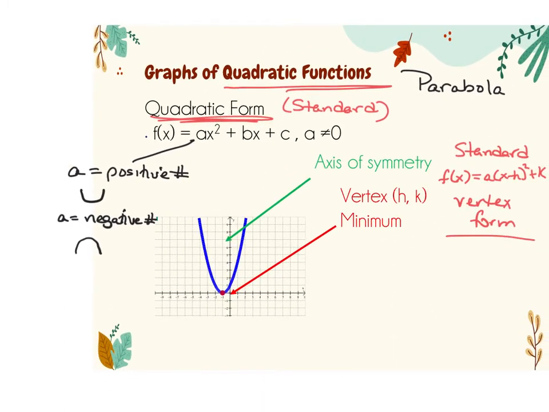Also, the different parts of your graph, the point where your graph changes direction. So in this graph that's here, this blue U, notice this side of the graph is decreasing, but this side is increasing. So the point where your graph changes direction from increasing to decreasing or decreasing to increasing is called the vertex.